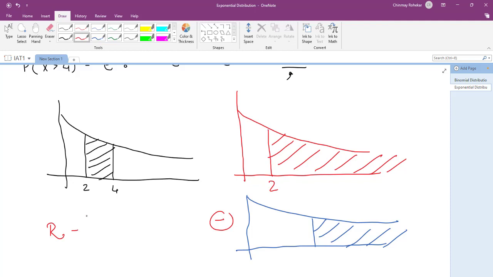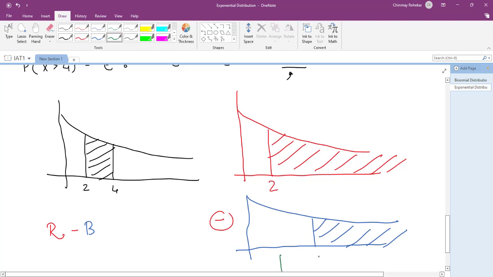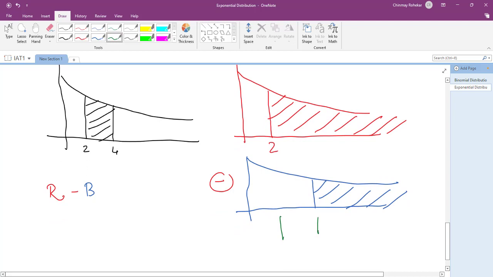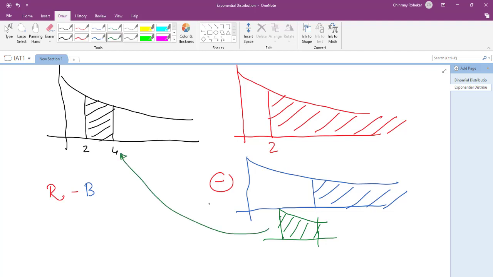If we subtract the blue color area from the red color area, what are we going to be left with? We will be left with this green color area, which is the area that we are interested in.